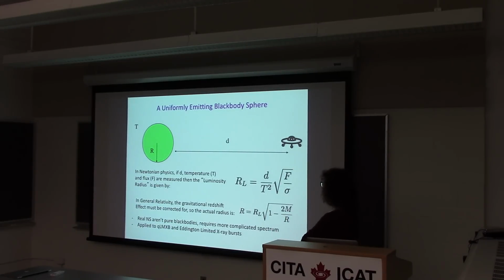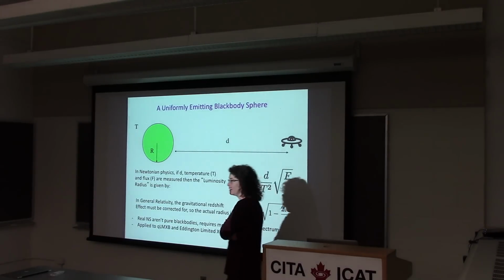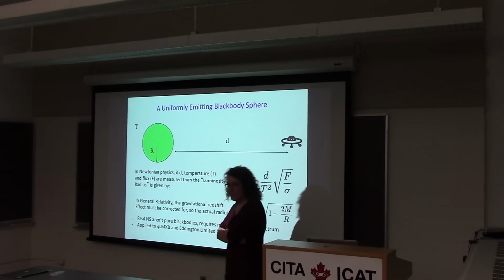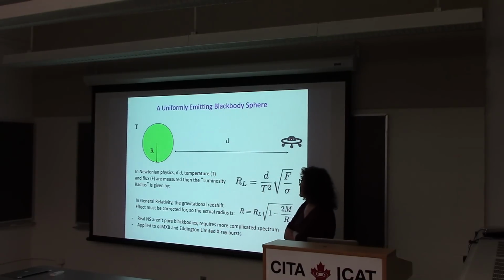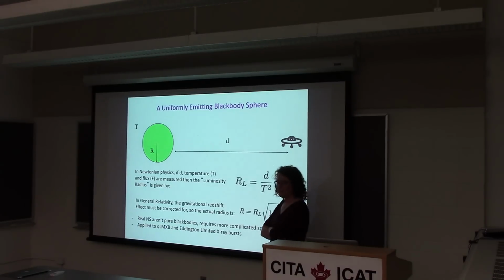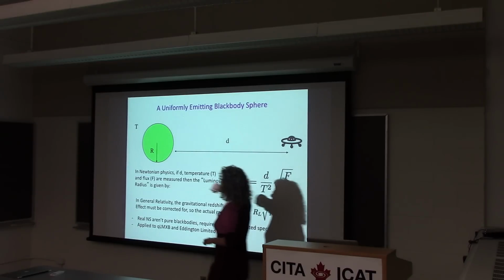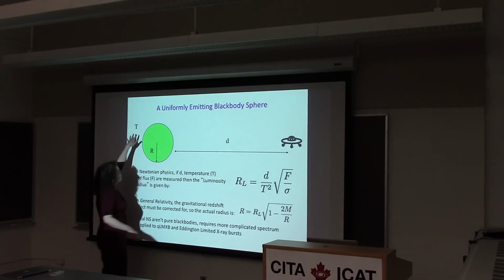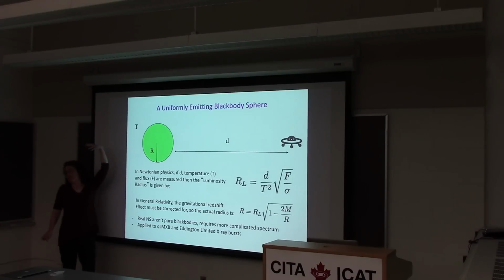Okay, so one method that people use is called the blackbody radius method. The idea is that this is another standard first-year astronomy problem. You say, I've got this hot sphere, it's uniformly radiating, and I know the distance to it, and from its spectrum I can figure out the temperature. You can just use the Stefan-Boltzmann law.